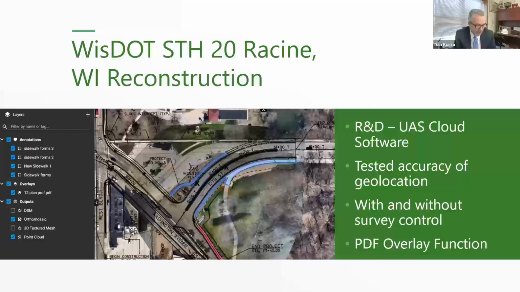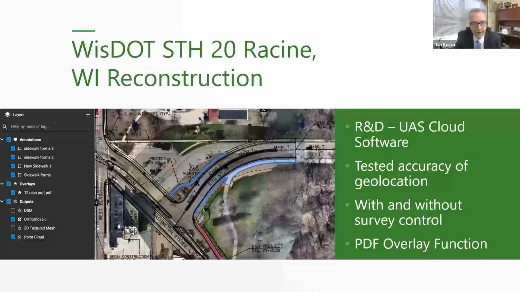At the start of the project, I was flying small UAS missions because I had good survey control in the area. It didn't cost more to get it there. And on my own time, I could do some flights and test the accuracy of those models that I was developing. And I found that I could develop fairly accurate models.